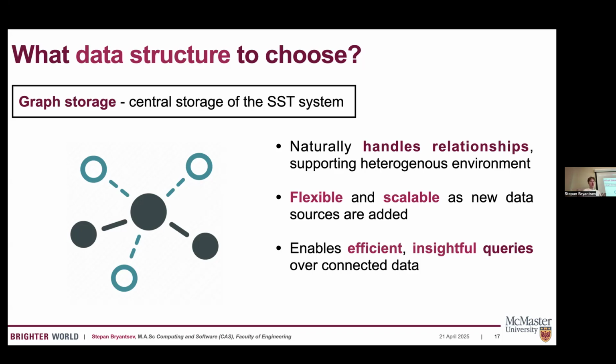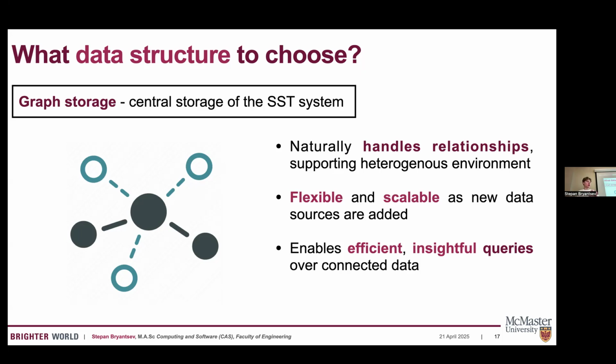The second benefit is that graph data storage is quite flexible and scalable. You can add as much data as you want, simply adding relations between the nodes. And the final benefit is that it enables efficient and insightful queries over the connected data.